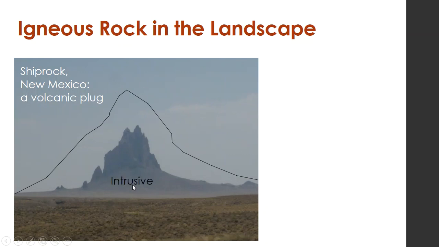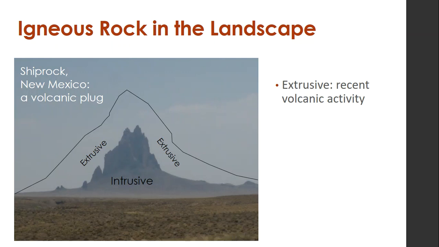And this was the intrusive rock that cooled very, very slowly. And this was the extrusive rock that cooled above the surface and was much softer. What happens here is this extrusive rock eroded away because it was much softer, and you're left with this much harder intrusive rock that will take a long, long time to erode. So extrusive rock signifies recent volcanic activity. Only intrusive rock remains from ancient volcanic activity.